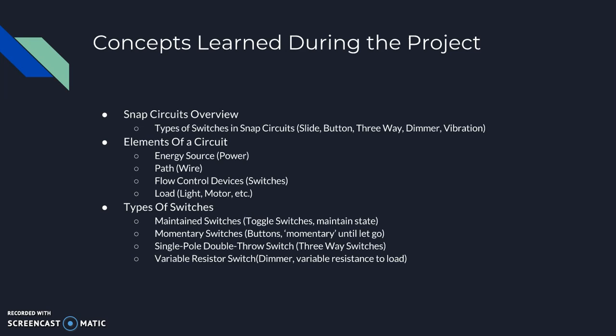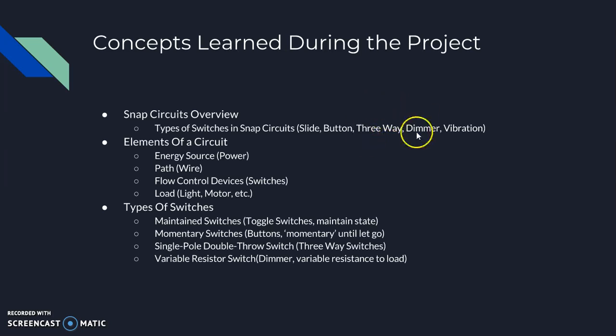So, there was a basic overview. All this information is from the learning lecture. The basic information is all the types of switches in Snap Circuits. The slide switch is your basic light switch that you flick on or off. Then the button is exactly what it sounds like, you just hold it down.